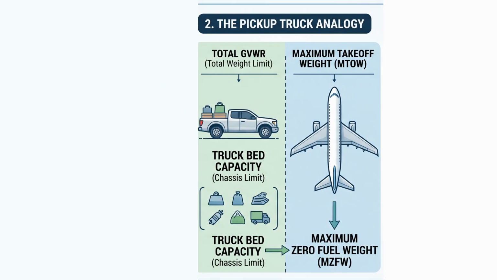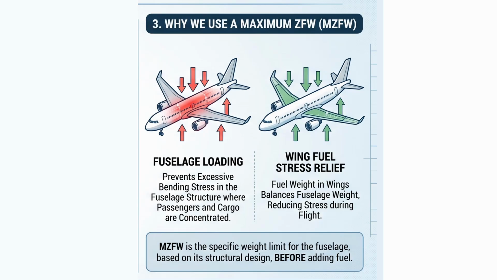Think of it like a pickup. Your truck has a total maximum weight limit for legal driving, but it also has a completely separate weight limit specifically for how much heavy stuff you can throw into the bed, based entirely on the chassis and suspension strength. In an aircraft, we care immensely about where weight is placed: passengers, catering, and heavy cargo containers.